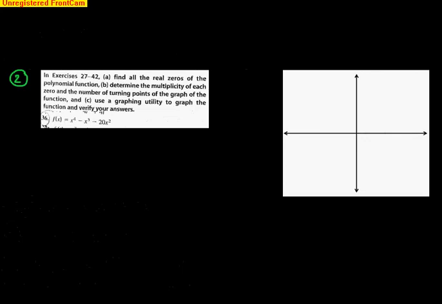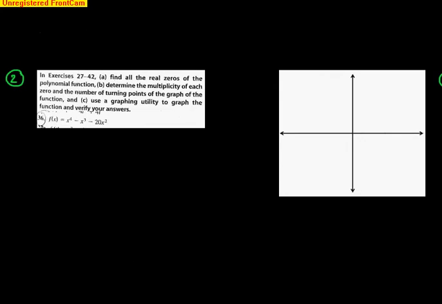Okay. 2, we're going to take a look at this function here, and I'll write it down. F of x equals x to the 4th minus x cubed minus 20x squared. We need to do the end behavior, find the zeros, and graph it. Okay, so end behavior, EB for end behavior.